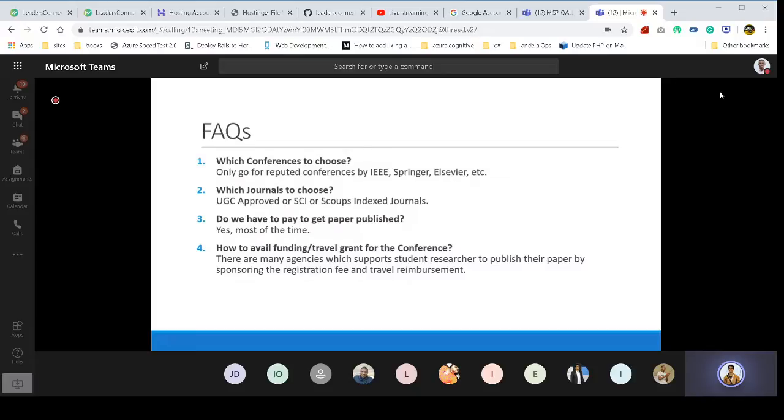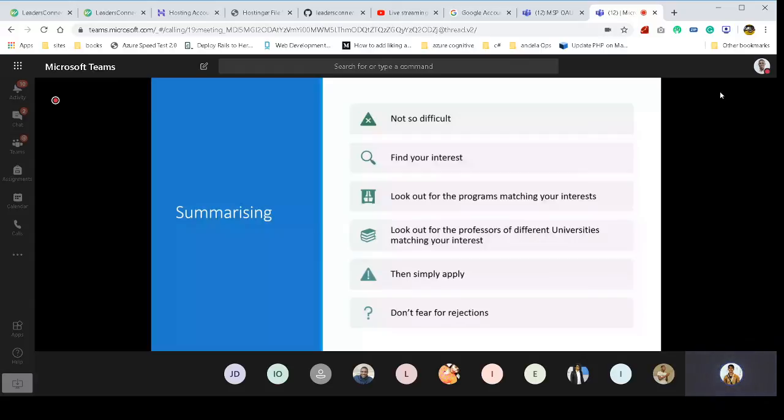If you have some opening matching your interest, just apply for it, and don't fear rejection, because this is not something in the mainstream curriculum. This is something you are doing for your interest, to improve your profile. So don't fear rejection. Definitely, you will be a good researcher one day.